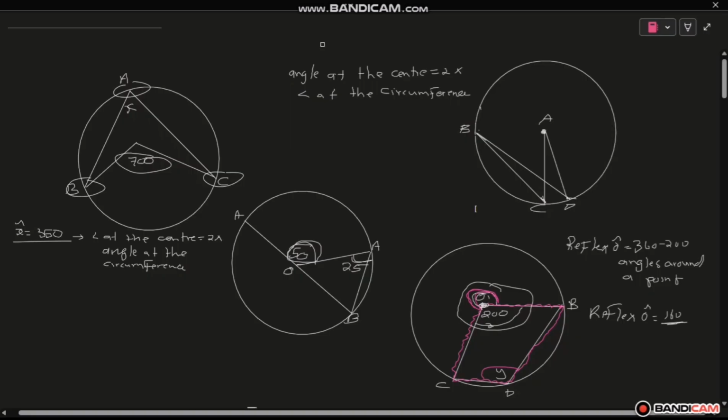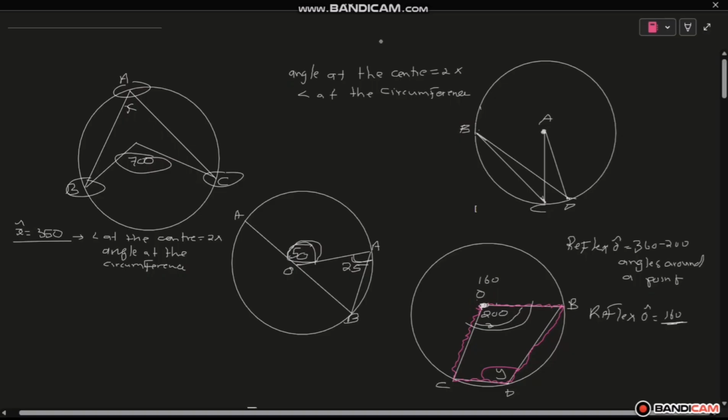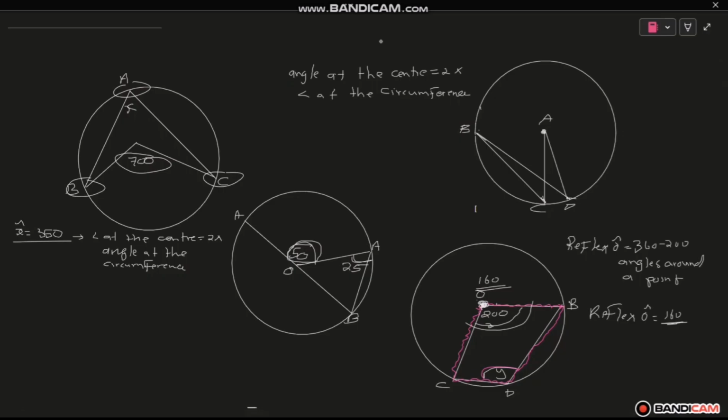So the reflex O is our center, which is 160°. Let me clean our diagram so that I can show you where this 360 is supposed to be put. Okay, this was angle O, then angle O outside there is 160°. That makes angle y here half of 160, meaning angle y equals 80°.